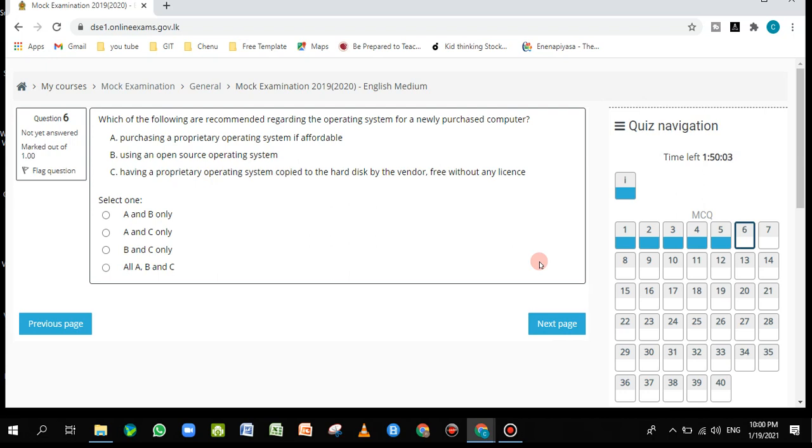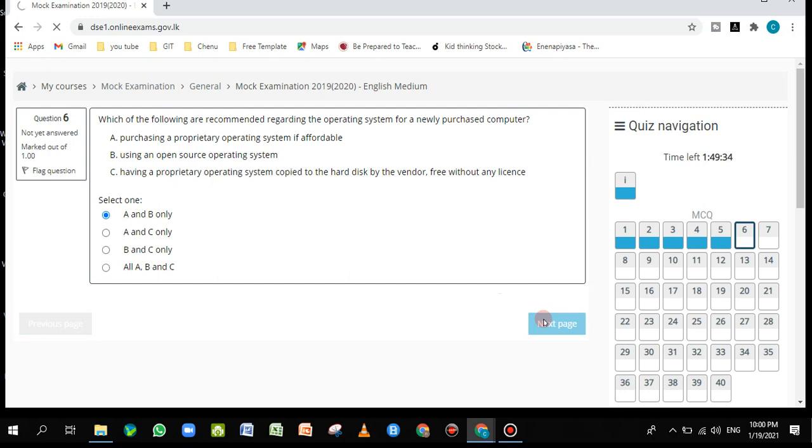That is also okay, because if you can afford to buy a proprietary one, then you can buy it. Or if you do not have enough money, then you can go for an open source operating system. But having a proprietary operating system copied to the hard disk by the vendor free without any license, that is not recommended. So we have to say A and B only.